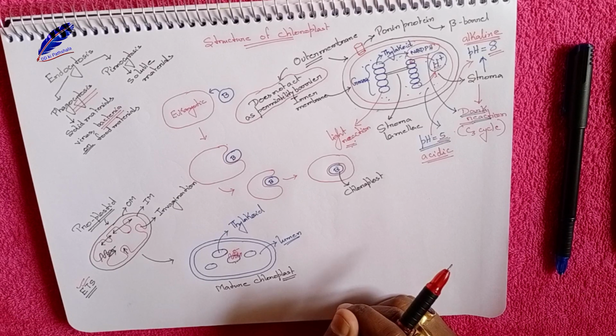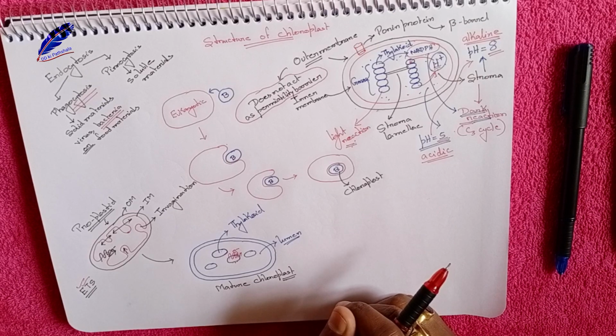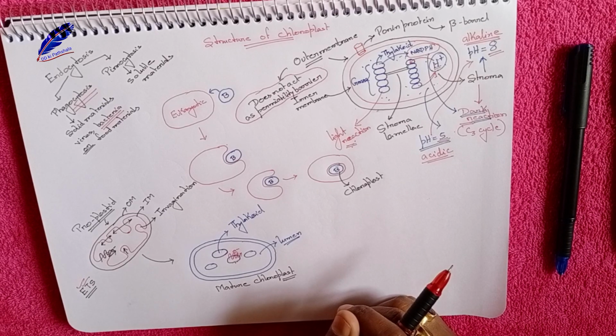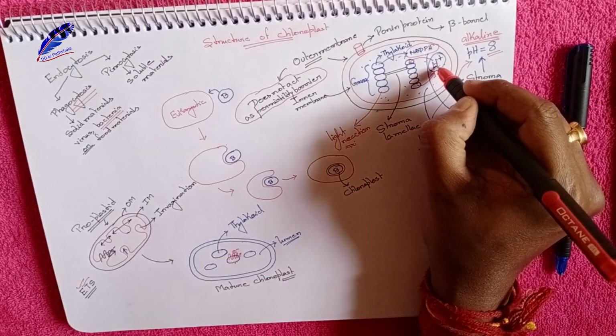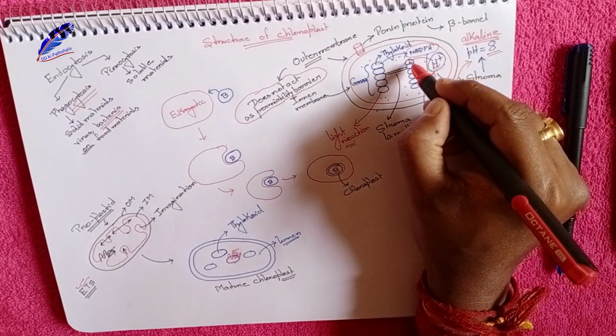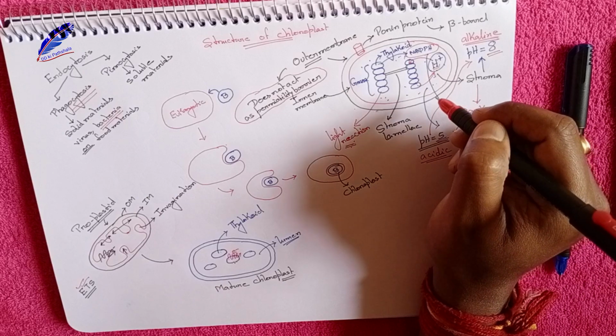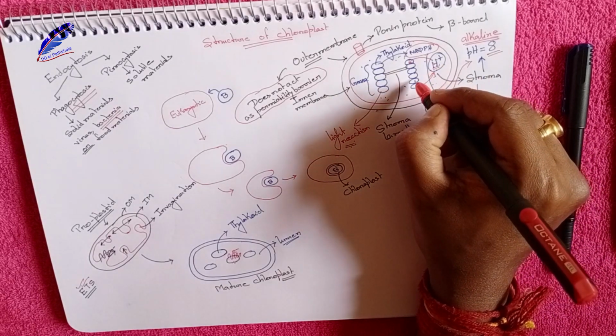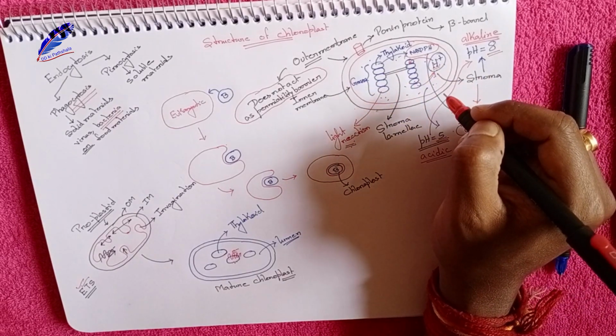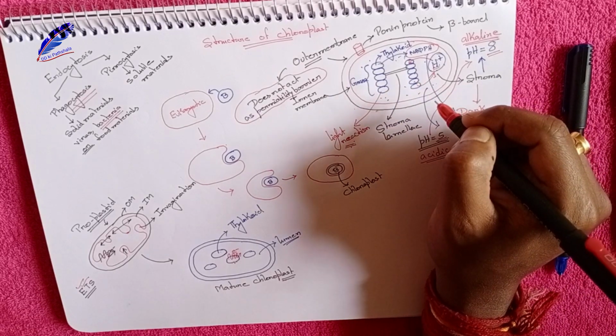ATP synthesis also takes place in the chloroplast, because when hydrogen ions enter the thylakoid, a pool of hydrogen ions gets accumulated inside the thylakoid.